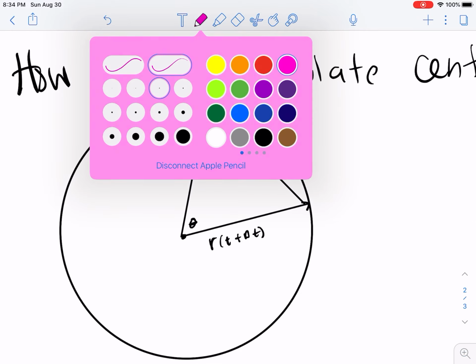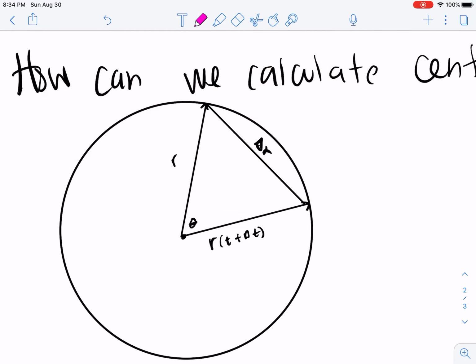But also, we know that if we are at R here, there's some velocity here. And then there would be some velocity at this new one.